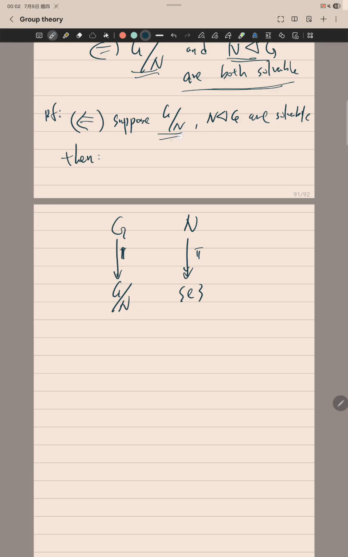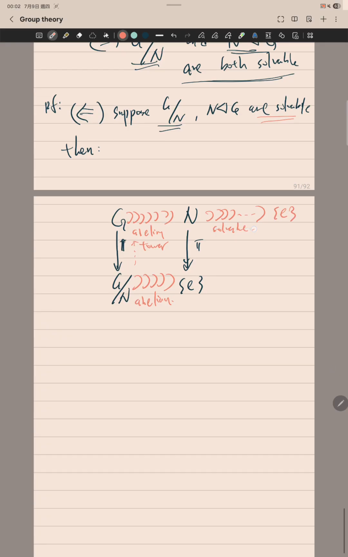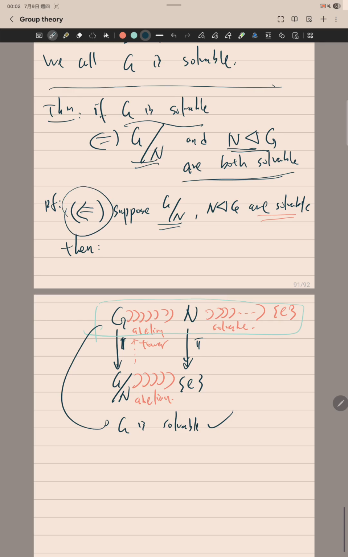Since G quotient N is solvable, there exists an abelian tower here. Now it's pulled back, which will give you the abelian tower here. Notice that since N is also solvable, N also has an abelian tower ending in identity. If you combine these two, then this shows that G is solvable. So for this direction, it's somehow very trivial.